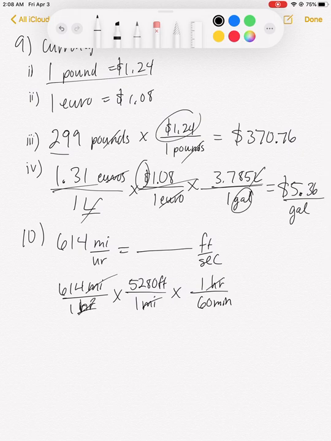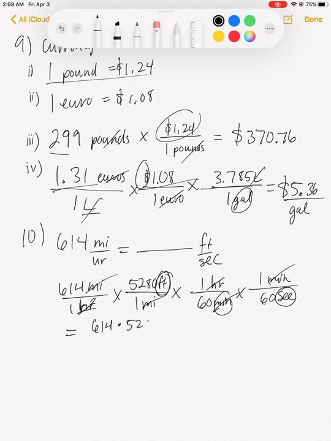Now we have feet per minute, so we need to multiply by another conversion factor. We need our minutes to cancel, so we put minutes on the top: 1 minute for every 60 seconds. Now we have feet per second. All we have to do is multiply the numerators and denominators of all these conversion factors: 614 times 5,280 divided by 60 times 60.